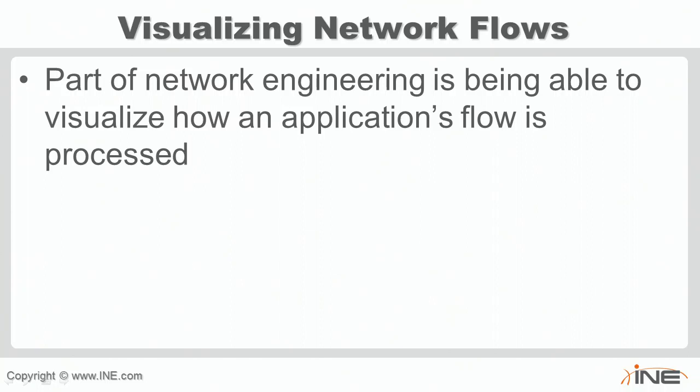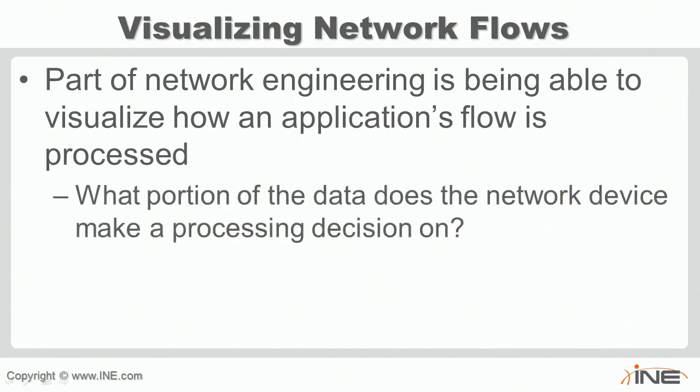So really, to figure out where an individual piece of the network fits in, we need to understand how it's making its decision on the traffic, or how it's treating the individual network flows. So this is going to be a big part of the job of being a network engineer: being able to figure out what the flows look like in the network, and when the device receives that data, what is it going to make its decision on, or how is it going to do its processing.